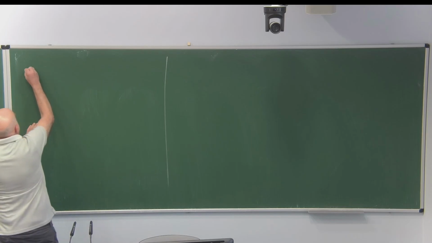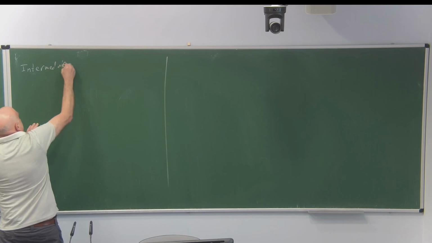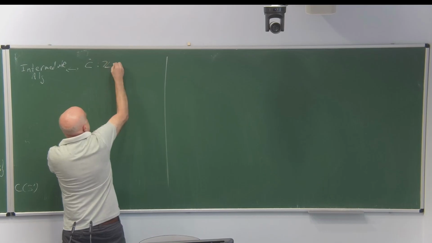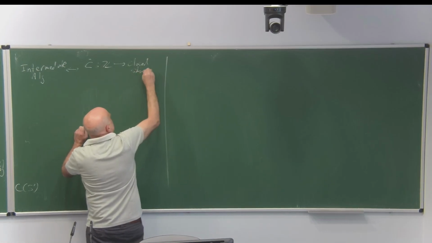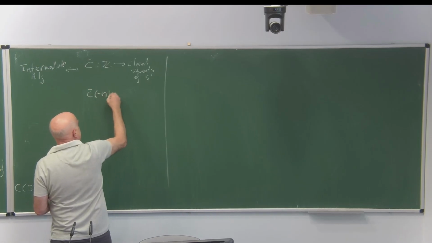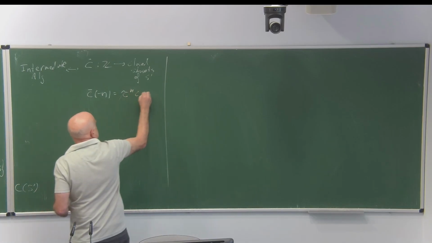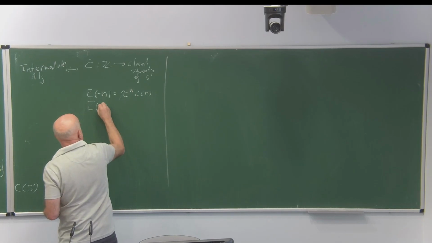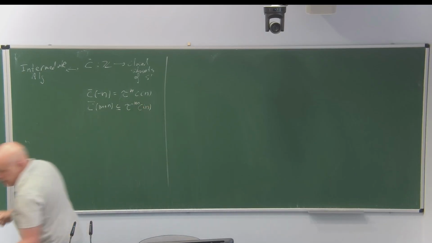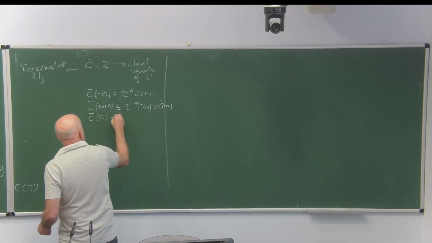So the theorem says that intermediate algebras stand in one-to-one correspondence with functions C bar from Z to closed subsets of S1 satisfying a few properties, namely C bar of minus n is tau to the n of C bar n, C bar of m plus n is contained in tau to the minus m of C bar n union C bar m, and C bar of 0 is empty.